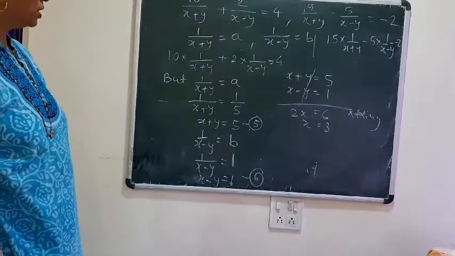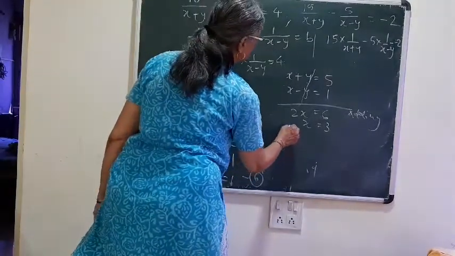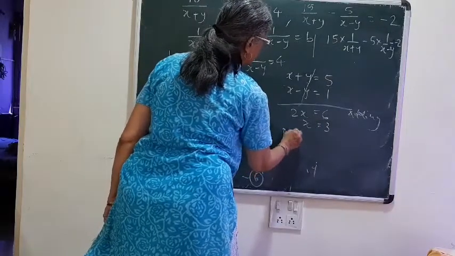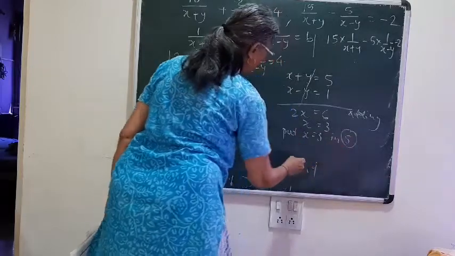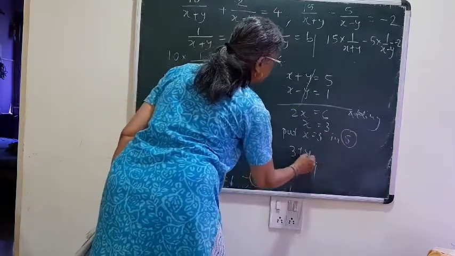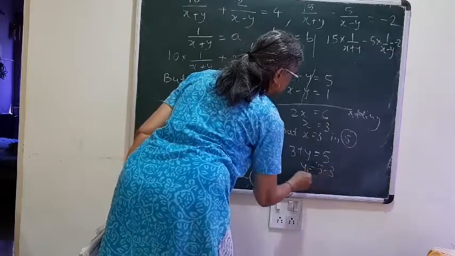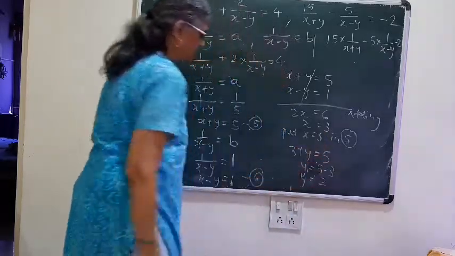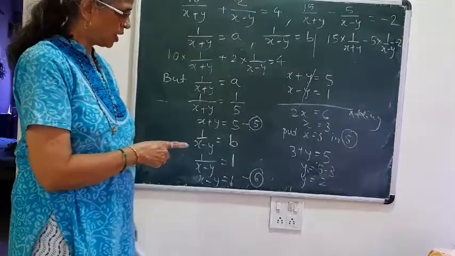Now we can put x equal to 3 in either the fifth or sixth equation. So put x equal to 3 in 5. We will have 3 plus y is equal to 5. So y equal to 5 minus 3, y equal to 2. So the answer for this equation will be 3 and 2.